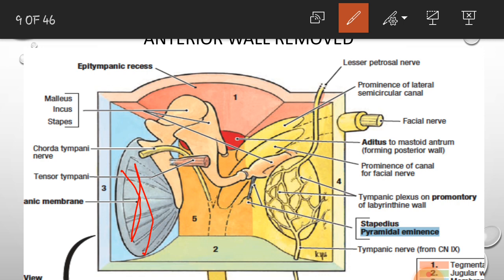We can see the yellow medial wall, the blue lateral wall, the orange posterior wall, the pink roof, and the floor too. Here also we can see different structures in the middle ear cavity, but first I want you to completely understand the location of the walls, and once you understand that, then we're going to talk about the contents of the middle ear cavity.